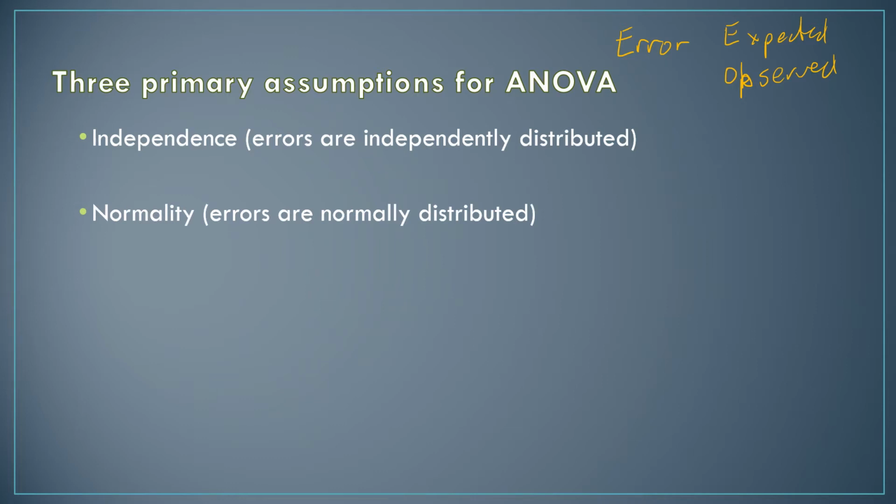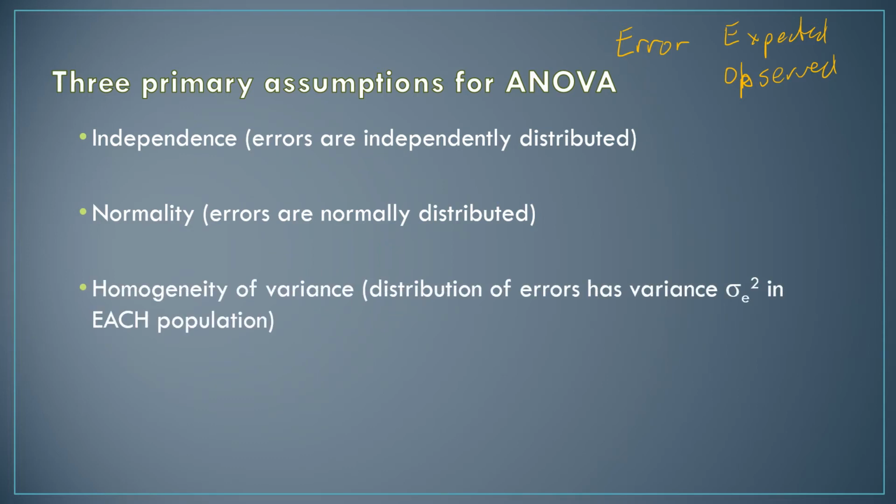The second one is normality. Just like looking at normality of your continuous variables, we're doing the same here, but for the errors and the distribution of errors. So you want your normality to indicate that you have a normal curve of errors.